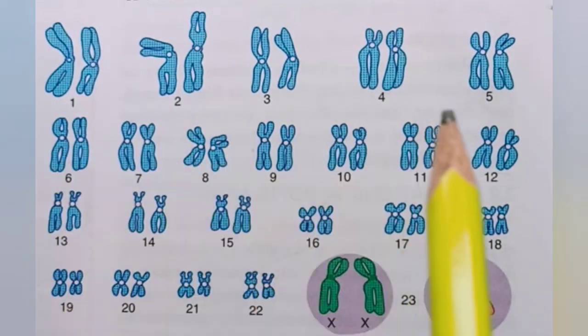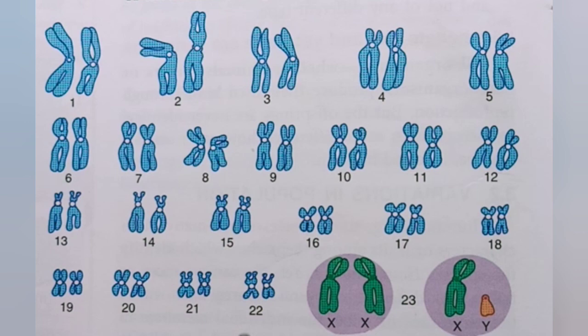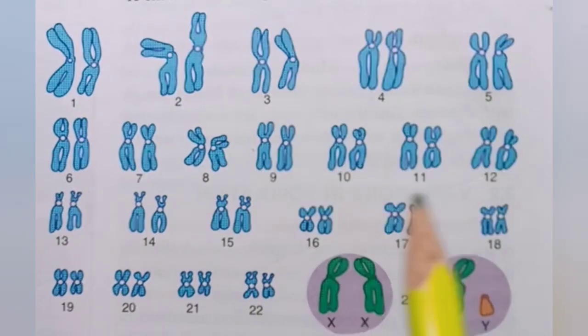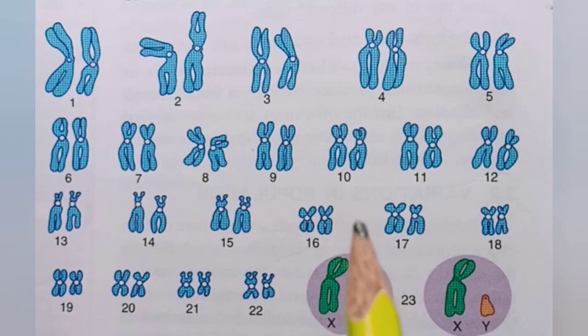This is the karyotype of human chromosomes. The first 22 pairs of chromosomes are known as the autosomes. Now autosomes are not represented by any letter of the alphabet.